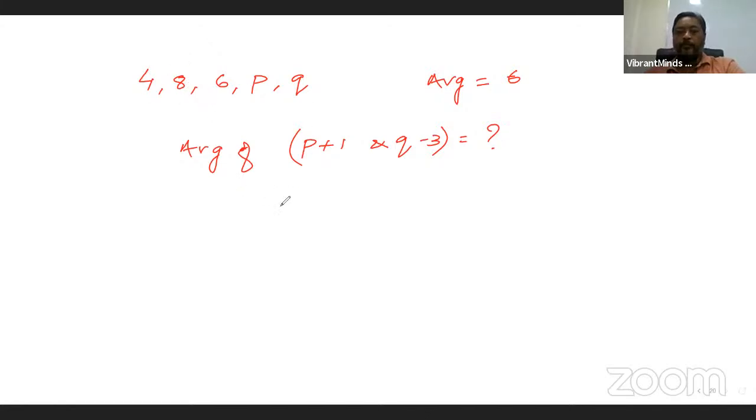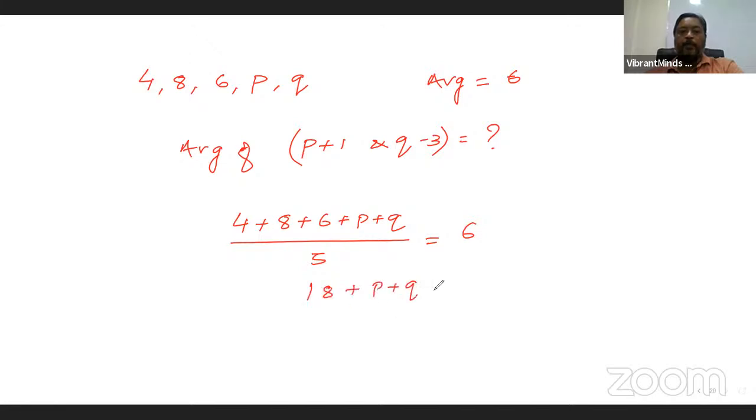Understand. 4 plus 8 plus 6 plus P plus Q divided by 5, the average is 6. What we have over here is 18 plus P plus Q is equal to 30, or I can say P plus Q is 12.